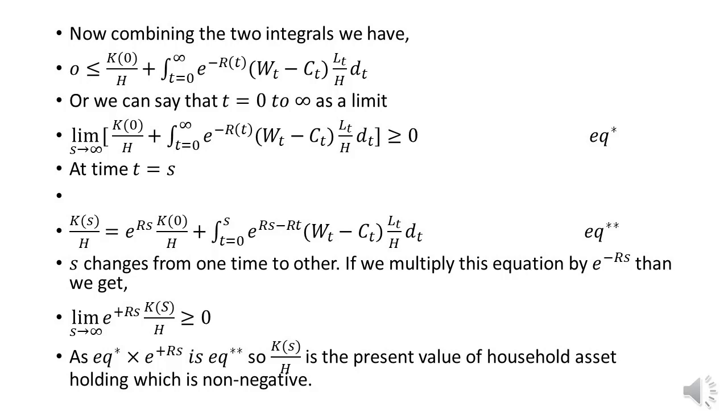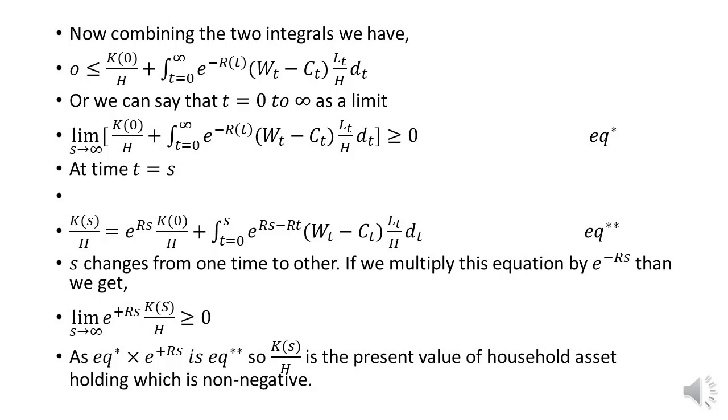So this equation says that infinitely later, the household at that time owns assets, and the current value of those assets should be non-negative.